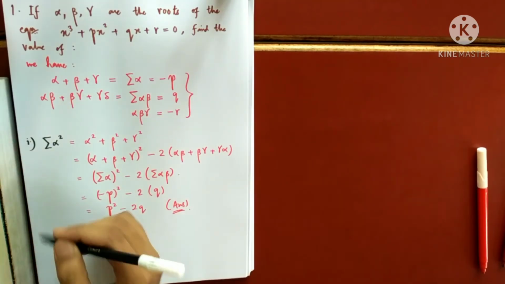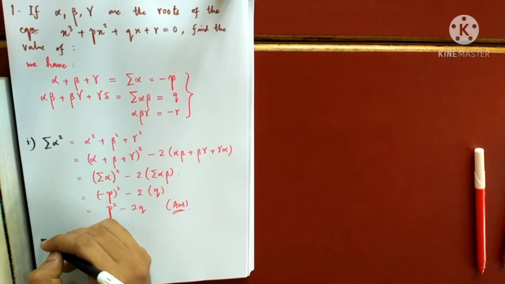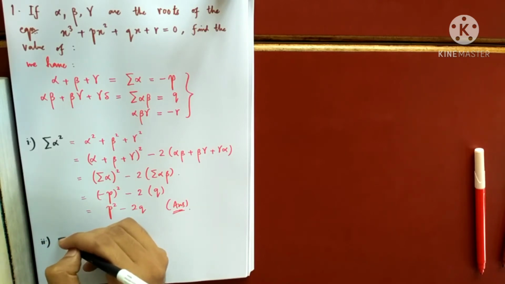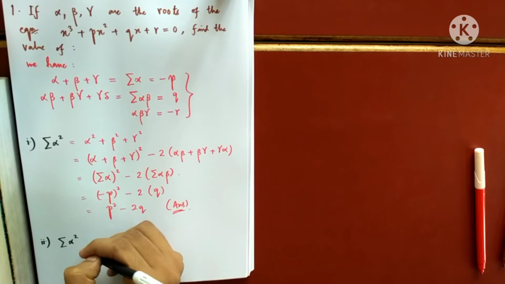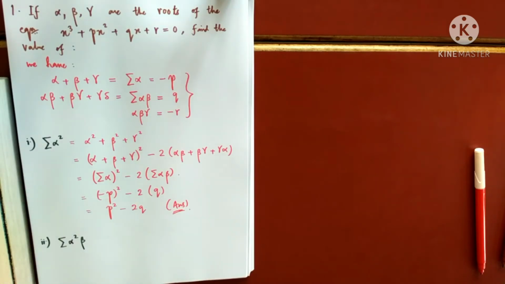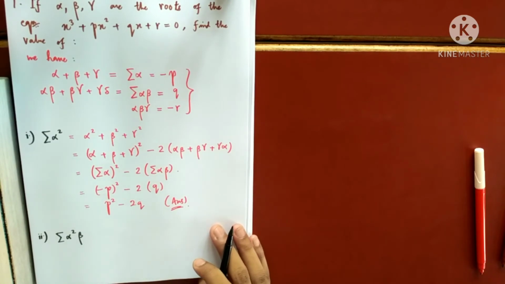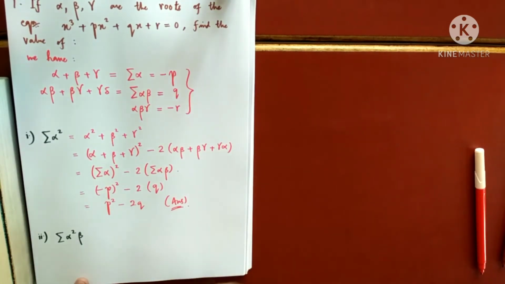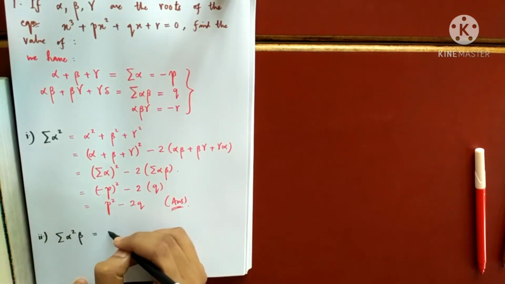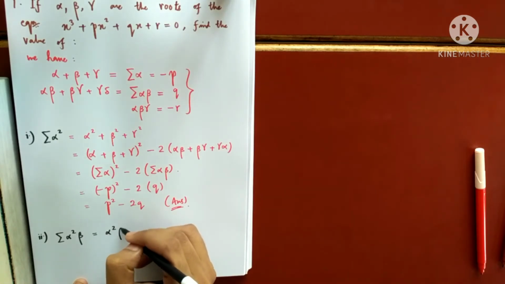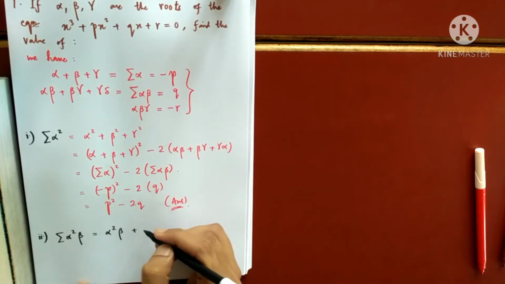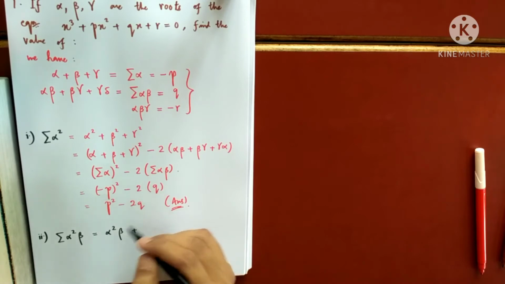Now in number 2 they are asking summation alpha square beta. So the first thing that you should understand is the meaning of summation alpha square beta. The first task should be this. So let us write this. There will be many terms, so be very careful.